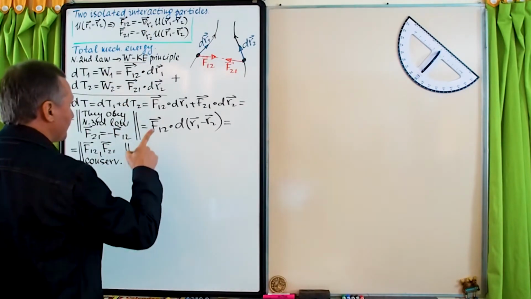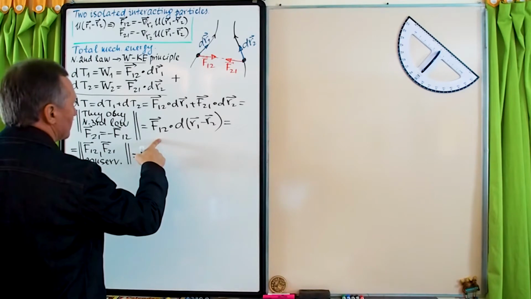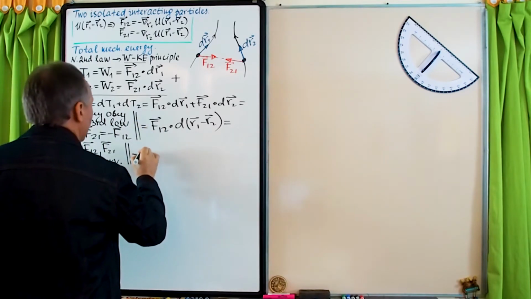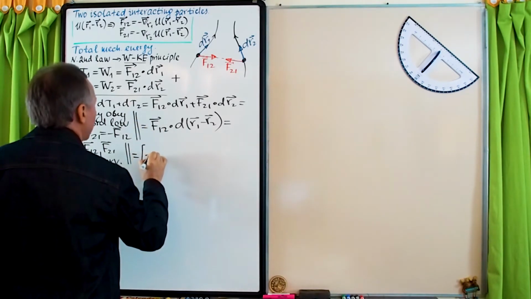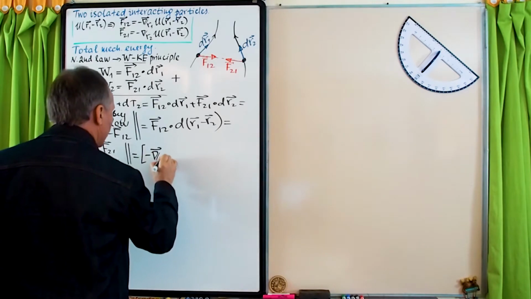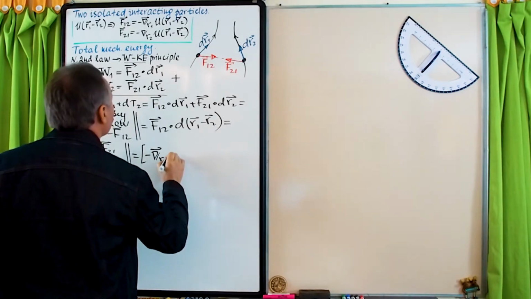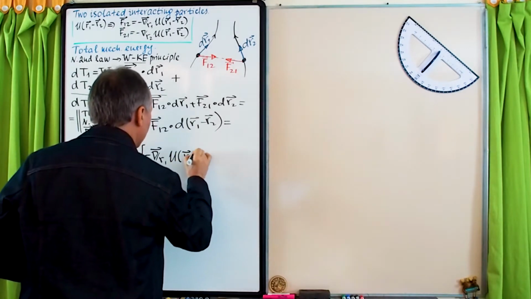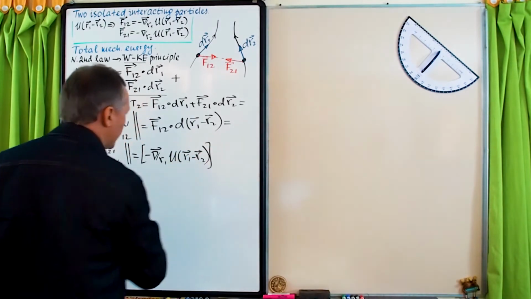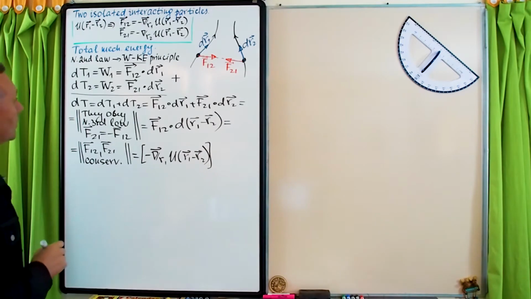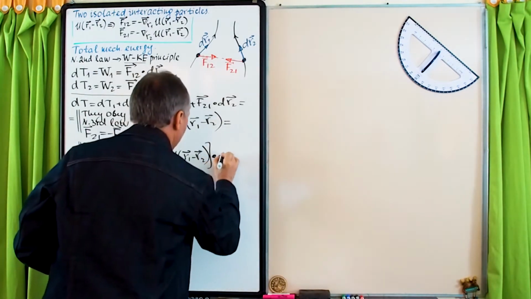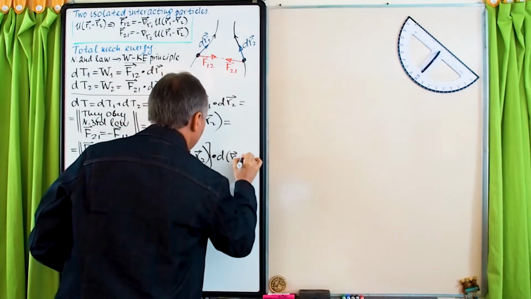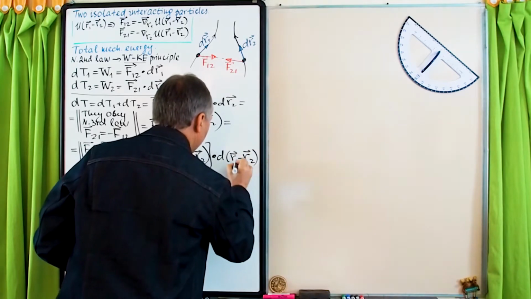So it will be minus gradient with respect to the coordinates of the first particle, U of (r1 minus r2), in brackets, and dotted with d(r1 minus r2).